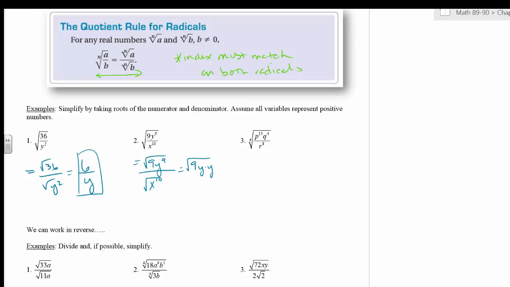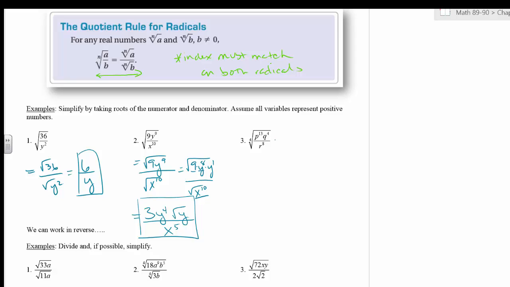So you have to factor y to the 9th as y to the 8th times y to the 1, and that way we can take out as many copies of y as possible. On the bottom, you do have a perfect square because 10 is divisible by the index, which is 2. So we end up with the final answer of 3, y to the 8th comes out as y to the 4th, but we're still left with the square root of y inside, and then the square root of x to the 10th is x to the 5th, and that's our final answer.